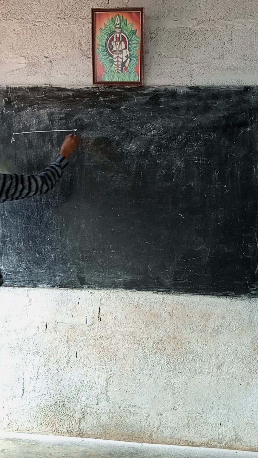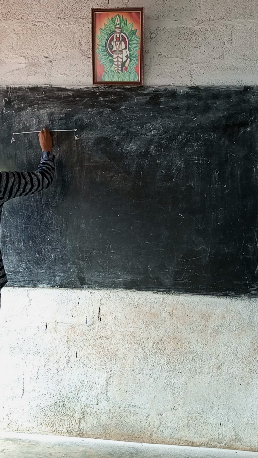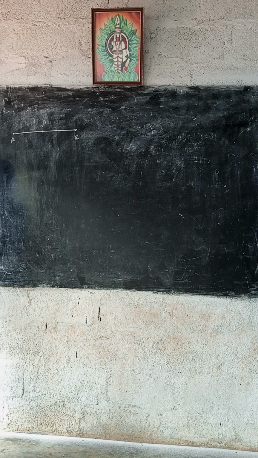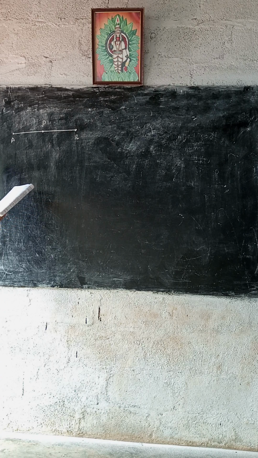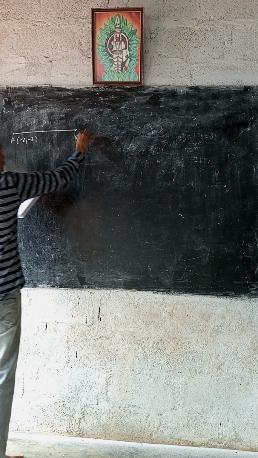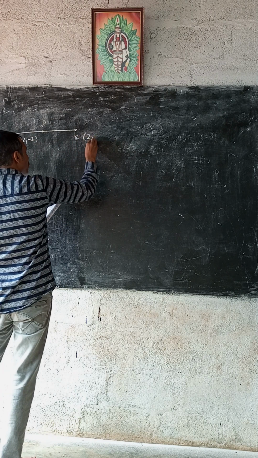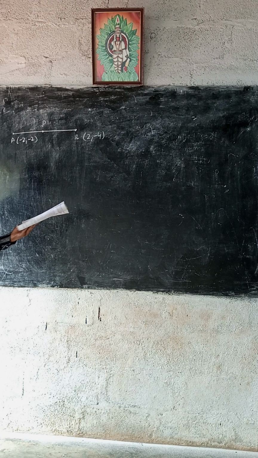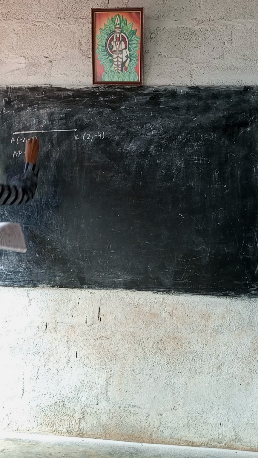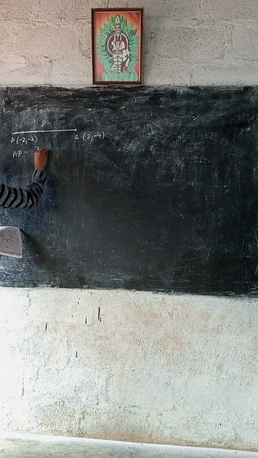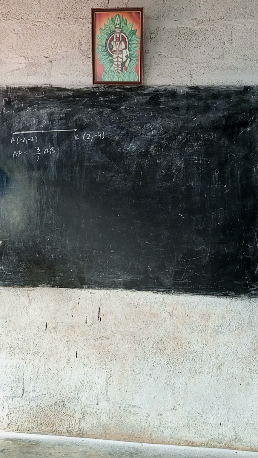Here is A, here is B, and somewhere is P. Point A is given as 2, minus 2, and B is given as 2, minus 4. AP is equal to 3/7 AB. Find the coordinates of P.